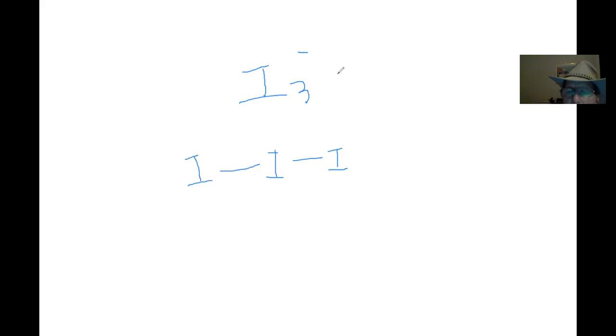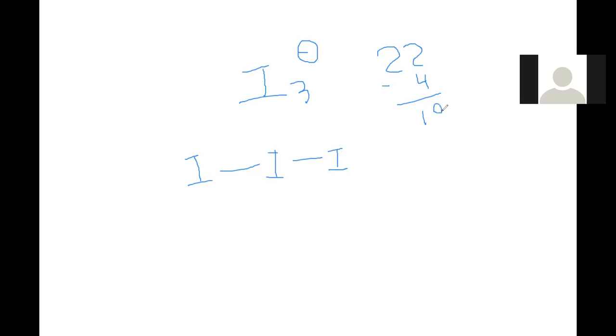I got my 3 iodines in there. And because I has 7 valence electrons, you know that there are 21 valence electrons to use, plus the 1 negative, so it'd be 22. All right. I've used up 4 of them making the bonds. I got 18 left.